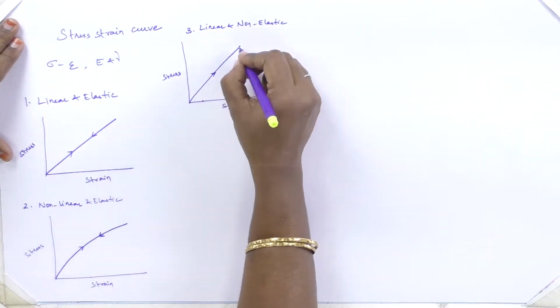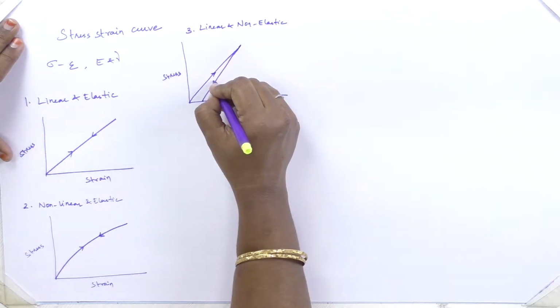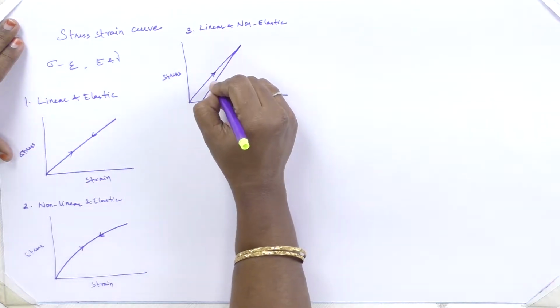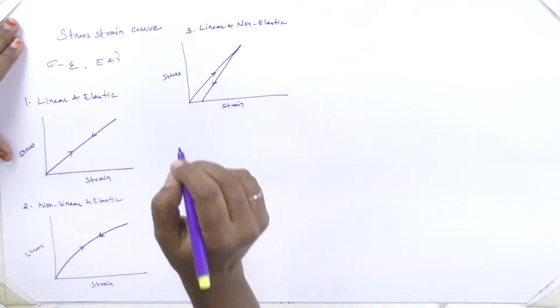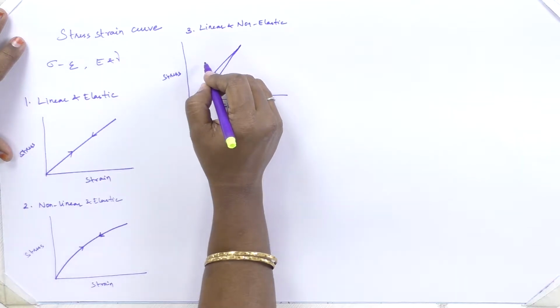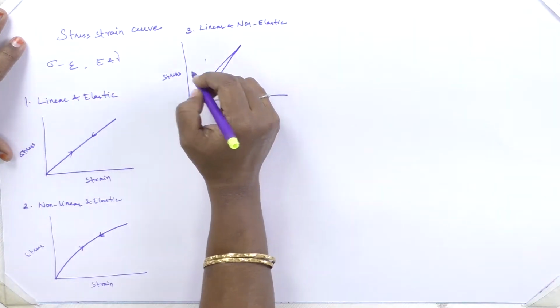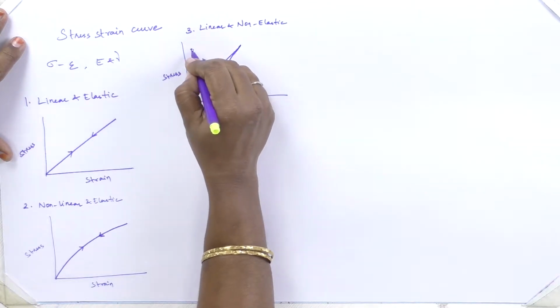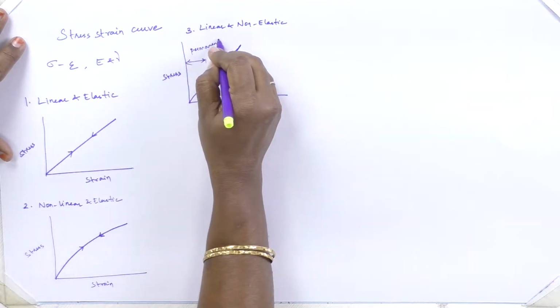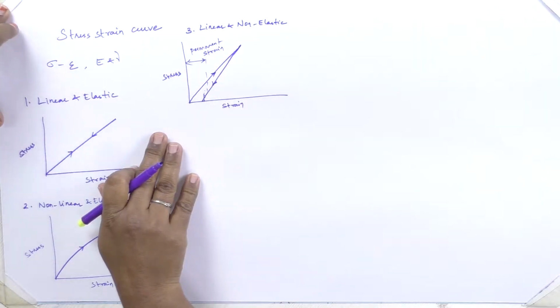It follows a different path, that is, some permanent strain will be left.